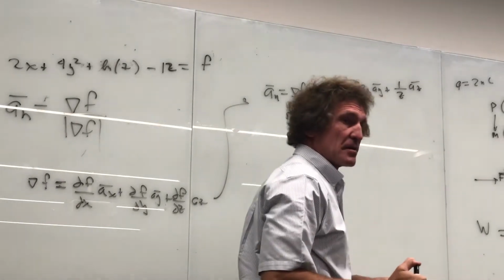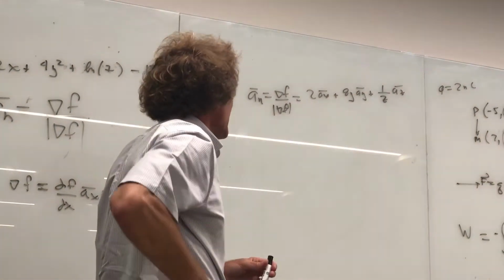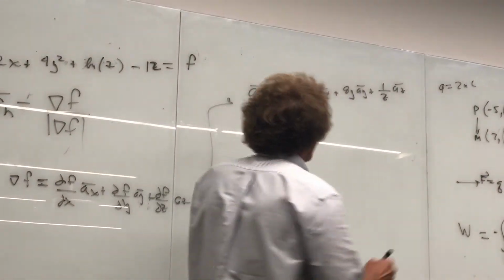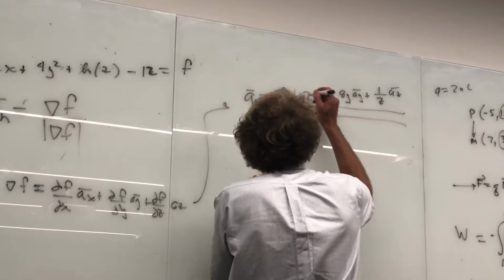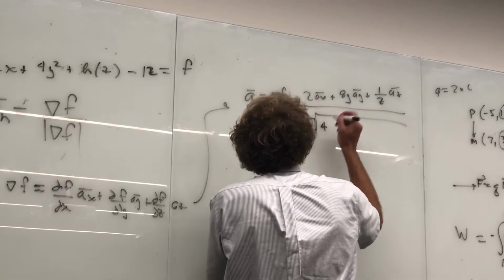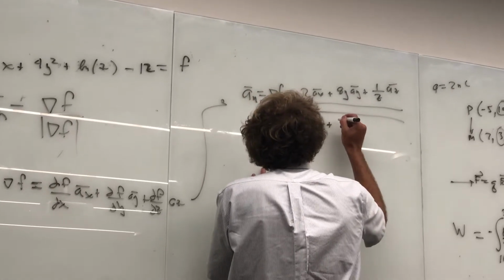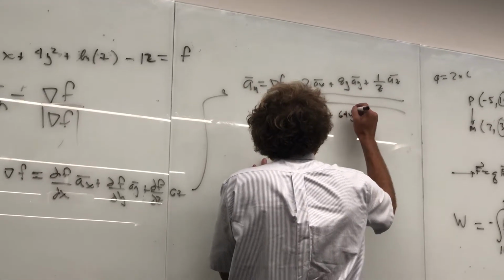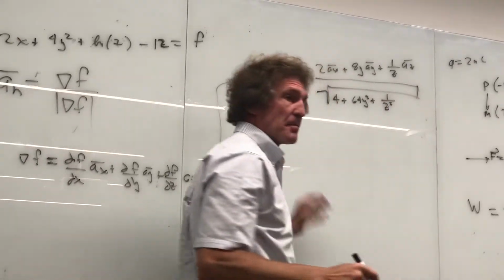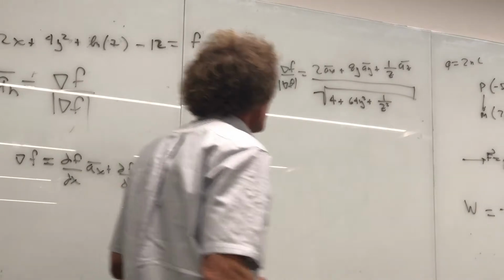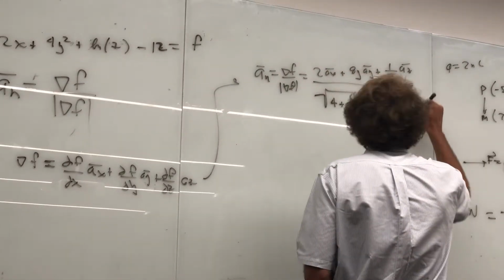Derivative of natural log. So that's the gradient. What's the magnitude of this? Well, it'll be the square root of 2 squared, or 4, plus 64y squared, right? Plus 1 over z squared. Do y'all agree with me? So that's going to be the magnitude.